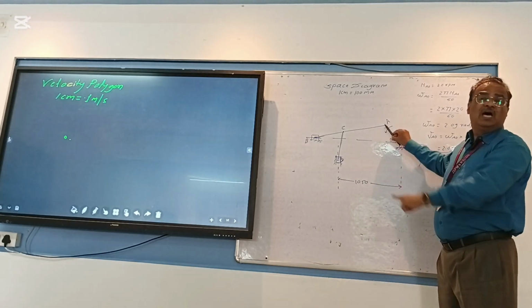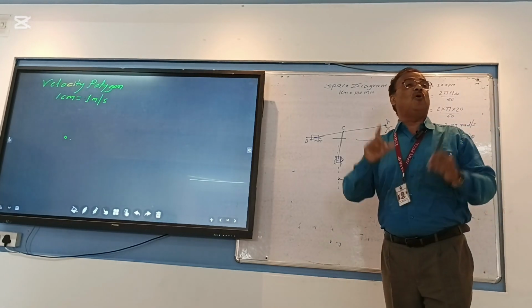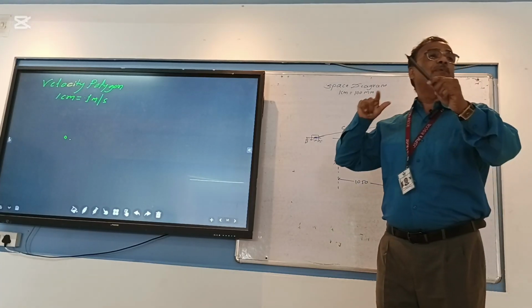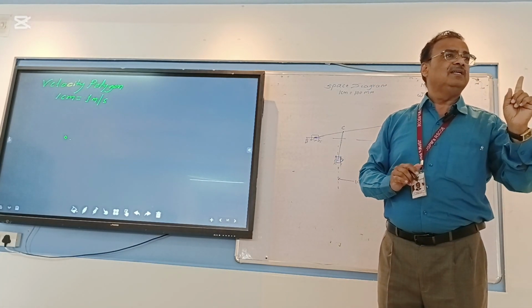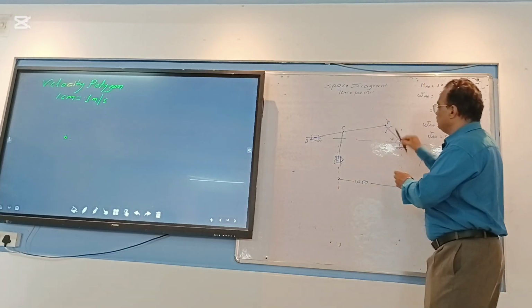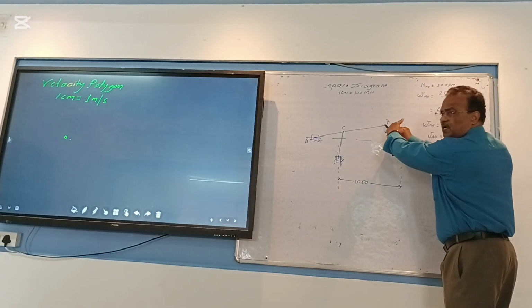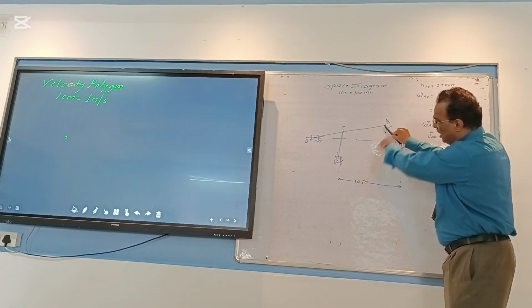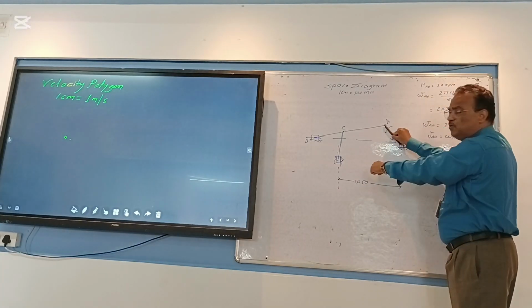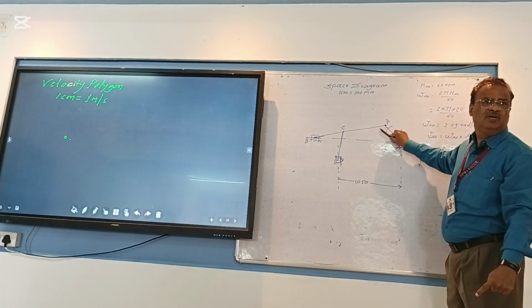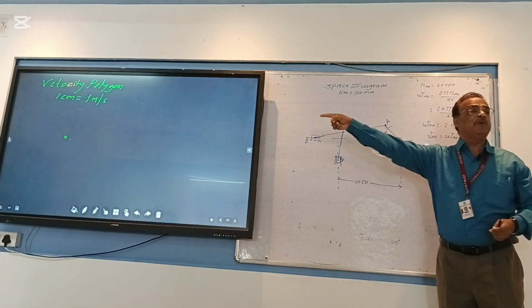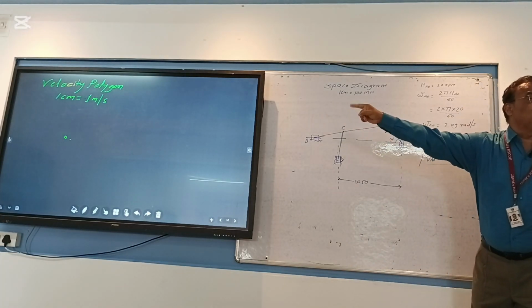Downward, no? Always remember the velocity vector for all links except slider is a perpendicular line to that link. So what is the velocity vector for OA? A perpendicular line. Where? Downward or upward? Downward. Why? It is rotating in anti-clockwise direction. Getting or not?